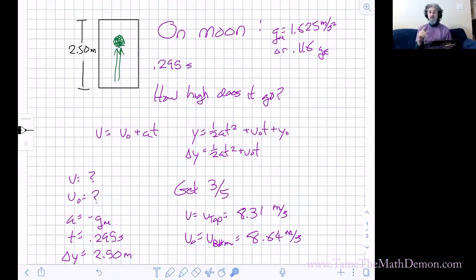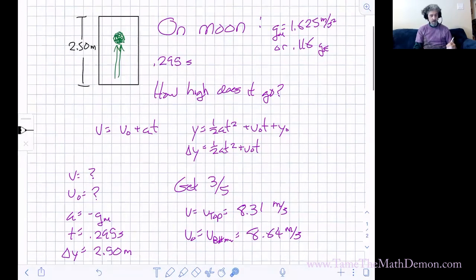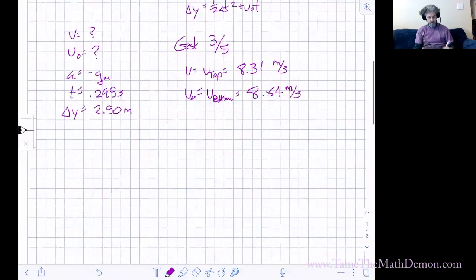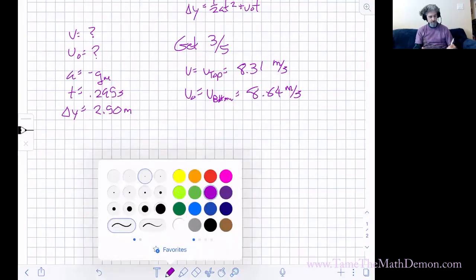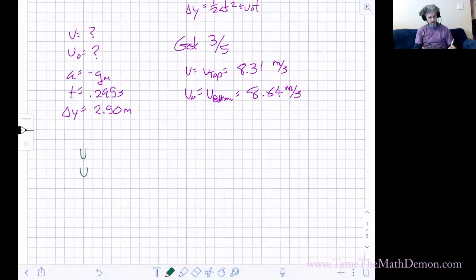All right, now we didn't actually need both of them because our problem is not to find either of those velocities, but how high the thing goes. And so we essentially have a separate problem where we are once again going to look for v, v naught, a, t, and delta y.